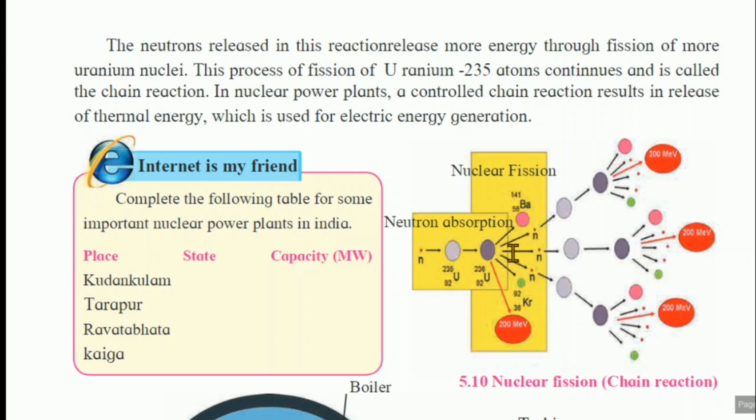These neutrons again bombard onto uranium-235, again it converts into uranium-236, again there is a separation of barium, krypton and neutrons, and from this there is continuously energy. Which energy? Nuclear energy forms, and this nuclear energy is used as a fuel in a nuclear power plant.